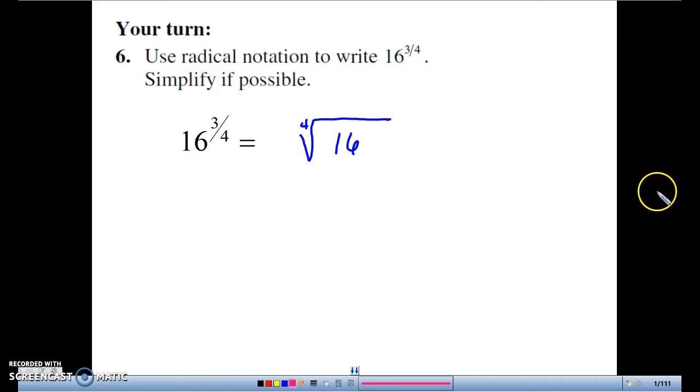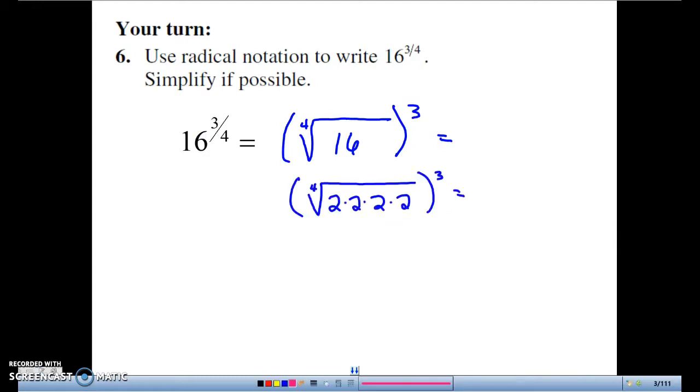Okay, so let's use radical notation to rewrite 16 raised to the 3/4 power, simplify if possible. Okay, 4 is the index on our radical, 3 is our exponent. So we're going to rewrite it like this. We're going to take the slow and steady route.